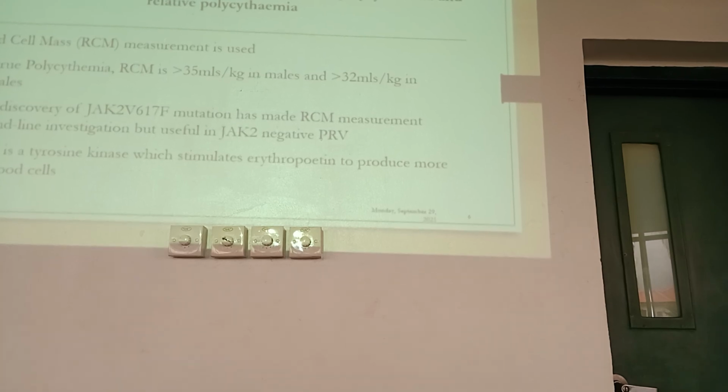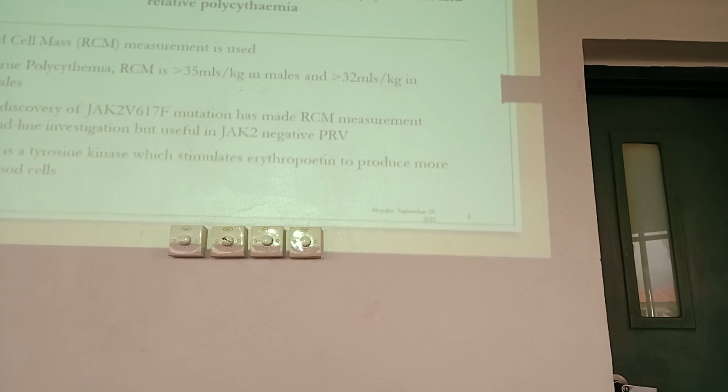So any red cell mass higher than 32 mils per kilo in females will cause polycythemia, that's elevated PCV. Because red cell mass requires injection of radioiodine to measure, we are going to be injecting radioactive substances.